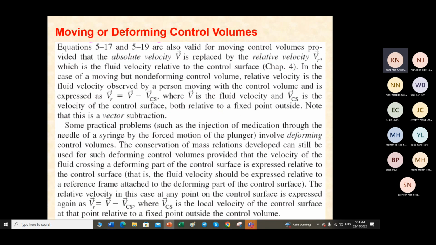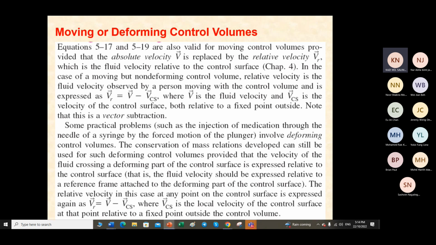With this, we move on further. This is not only valid for a fixed boundary, rather it can also be valid for a moving boundary. As an example, if you consider a syringe and you are pressing it, the boundary moves gradually inside while discharging the fluid.